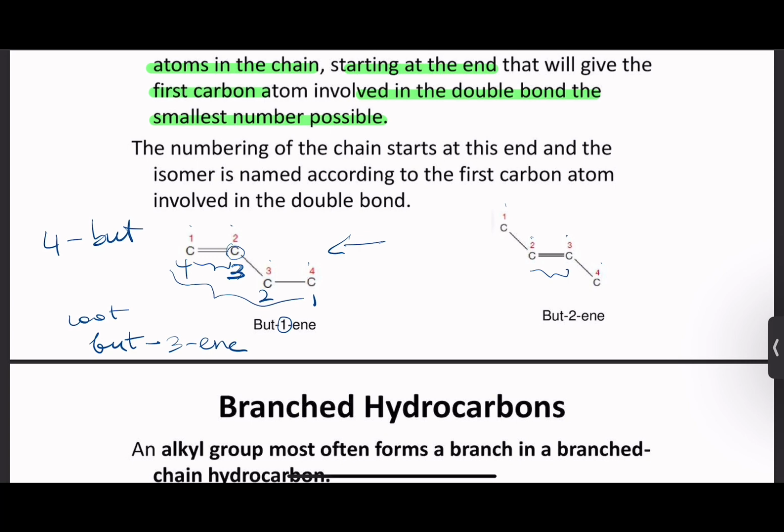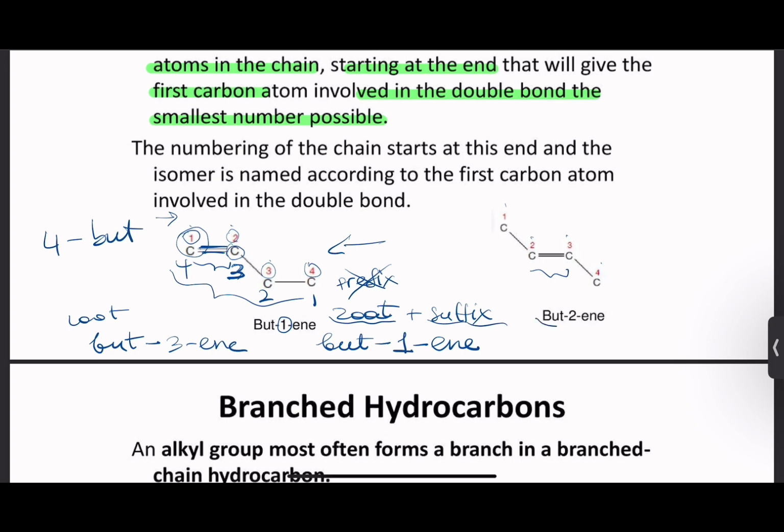But because the right numbering has carbon 1 here, it goes from left to right, 1, 2, 3, 4. Now I write my root but, and then I put my number. You see where the double bond starts? I would write first carbon, but-1-ene, and I would finish with ene, which is my suffix. Okay, and this is my root. Because I don't have any branches in here, I don't have any prefix. So I'll write root and then suffix.